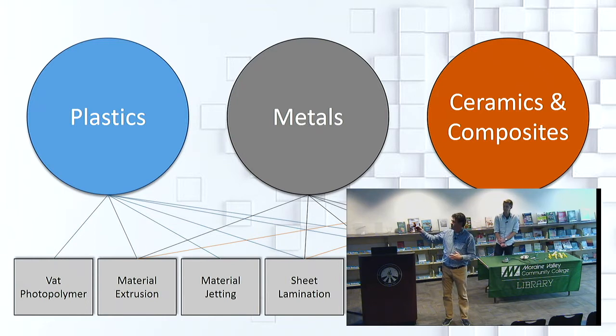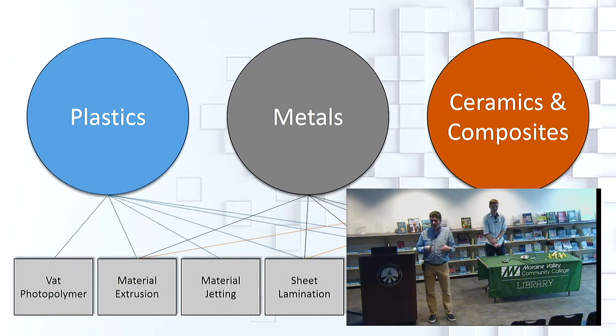Because now we can use metals to actually print functional parts. Before we could only print with plastics and some ceramics and composites, which obviously from a functional point of view is going to be very limiting. Plastics aren't as rigid and durable as metals.